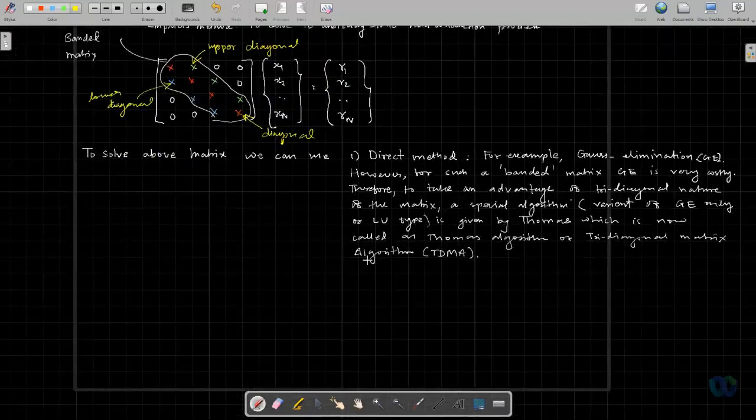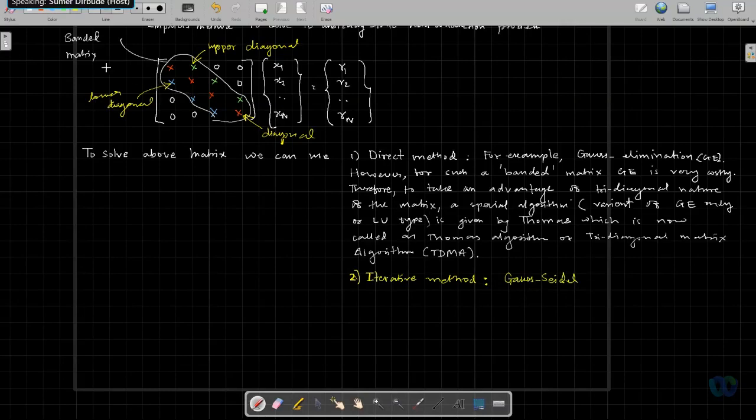The other method is the iterative methods. All iterative methods you can use. The most popular iterative method is Gauss-Seidel, which we have already seen.